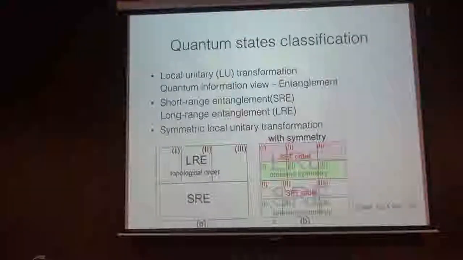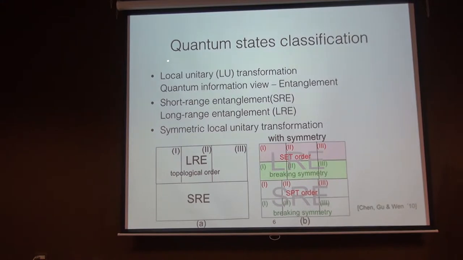Okay, so from the local unitary transformation and the quantum information viewpoint, we can use the local unitary transformation to classify all phases. Applying the local transformation, all phases can be divided into two parts. One part is the short-range entanglement.